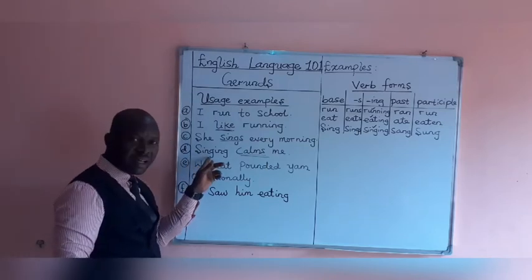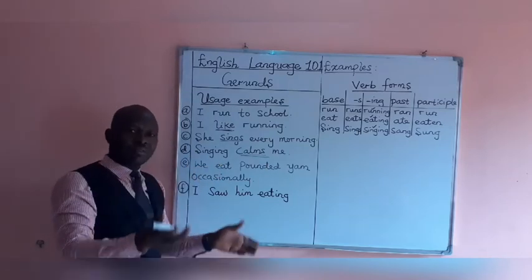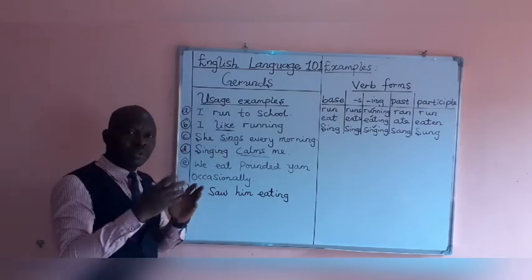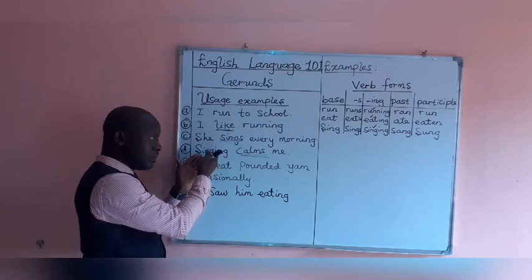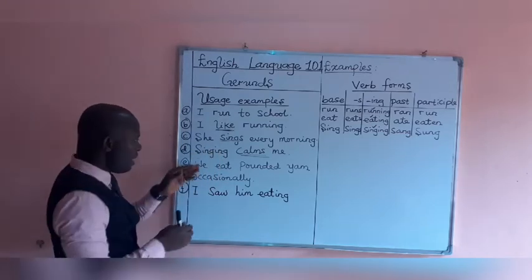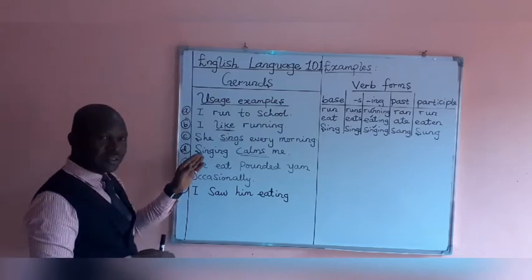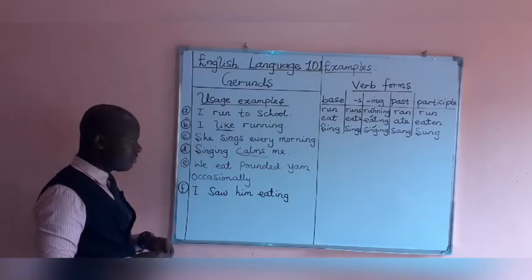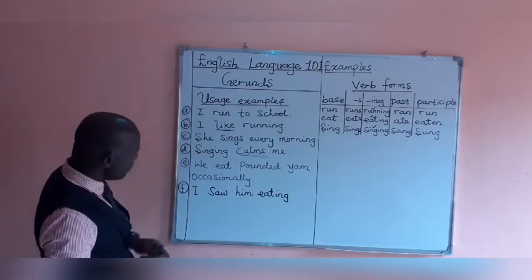Singing here is what we're talking about. Since it's what we're talking about, it is not the verb, it is a noun. So we have the second scenario of a gerund functioning as a noun. Let's get the third sentence.